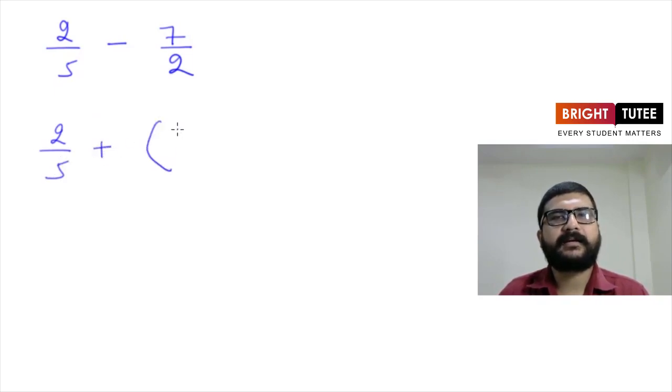Let's take one more example. We are having 2 upon 5 minus 7 upon 2. We have to subtract these two numbers. Subtracting these two numbers means 2 upon 5 plus minus 7 upon 2.